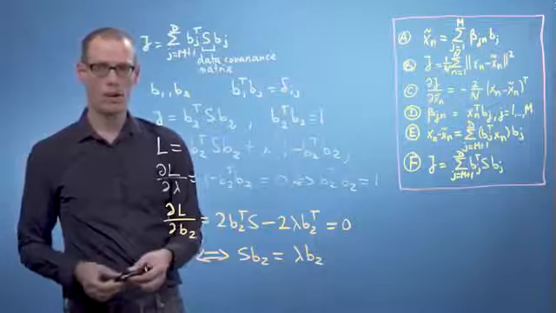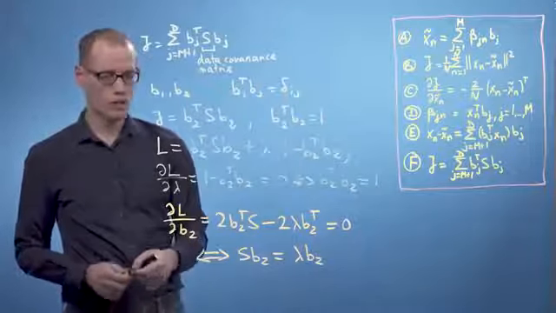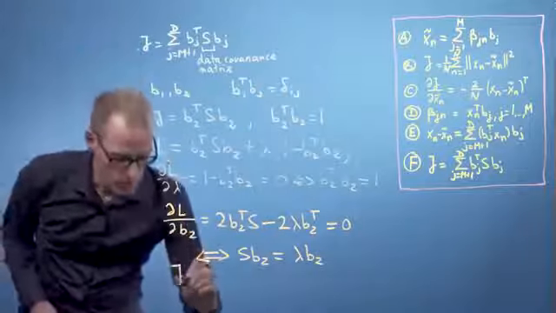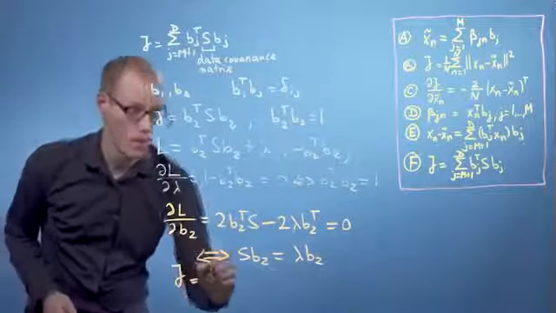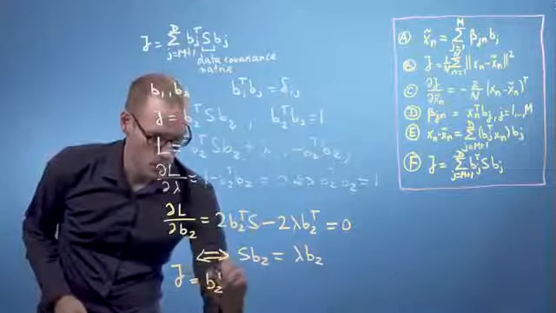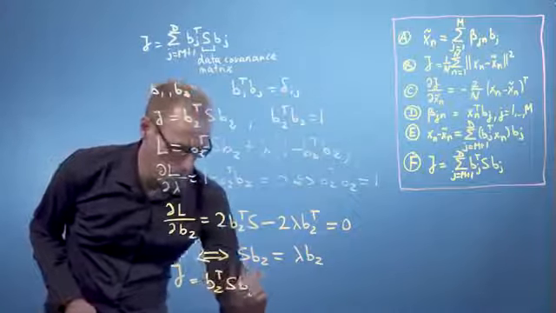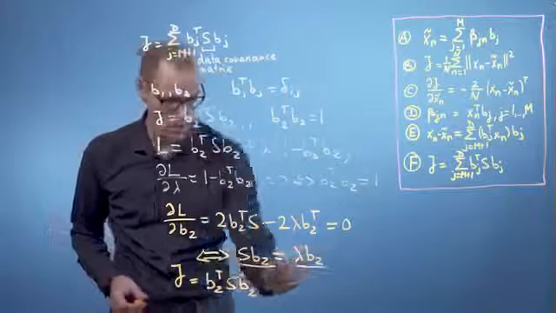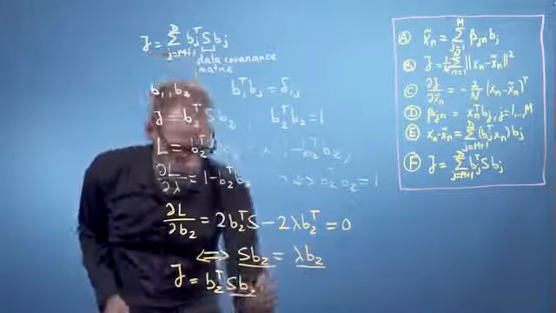If we now go back to our loss function, we can use this expression. We can write J, which was B2 transpose times S times B2. Now we know that S times B2 can be written as lambda times B2.